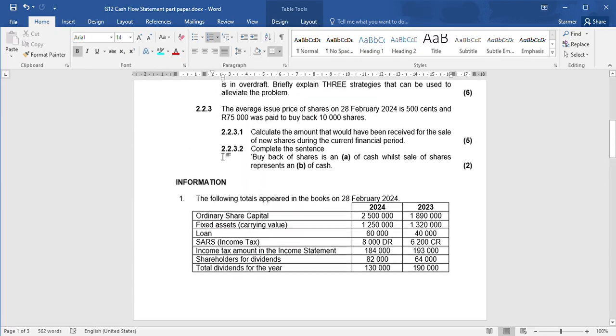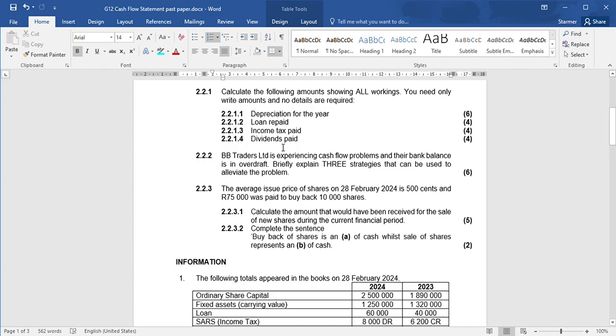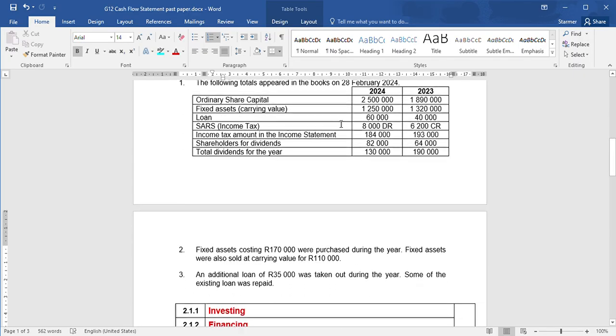Okay, then the next one is income tax. When we're talking about income tax paid, basically what we pay is any tax owed from last year plus this year's provisional tax. So if you have a look here at SARS at the beginning of the year, that figure there is 6,200, it says credit.